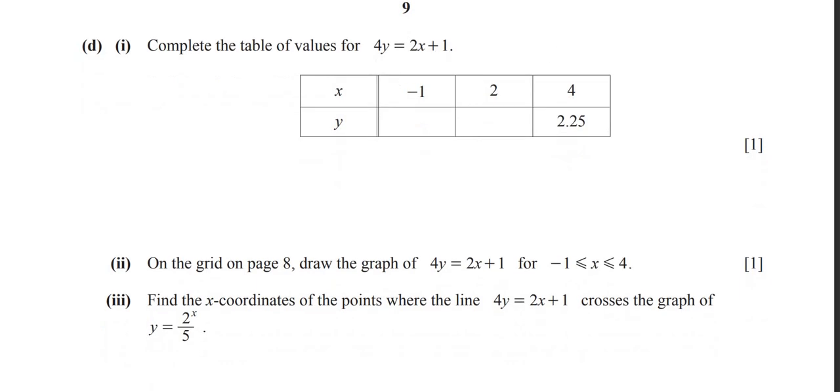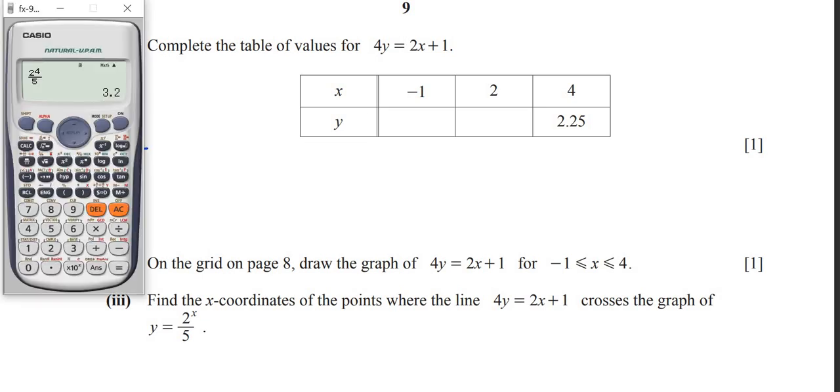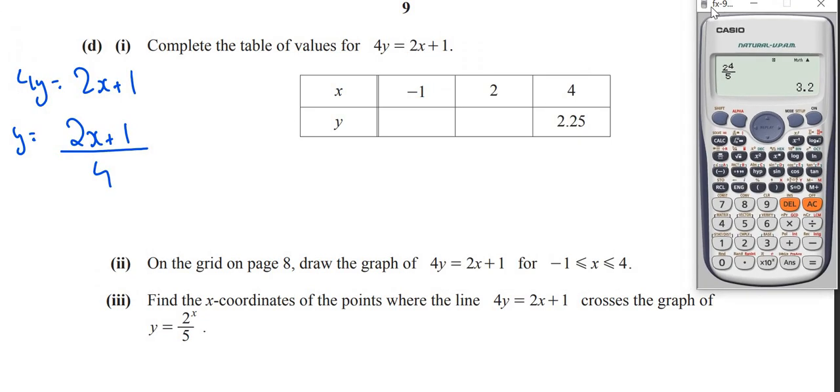Okay, so look, 4y is equal to 2x plus 1, y is equal to 2x plus 1 upon 4. Now just plug in the values. I call it plug and play. So 2 bracket value of x is minus 1 plus 1 upon 4.